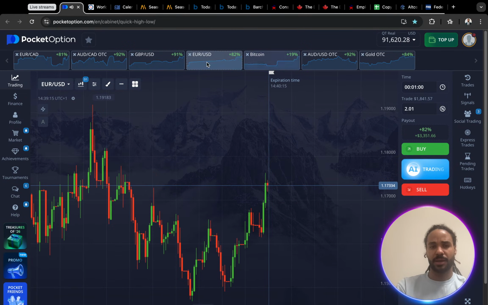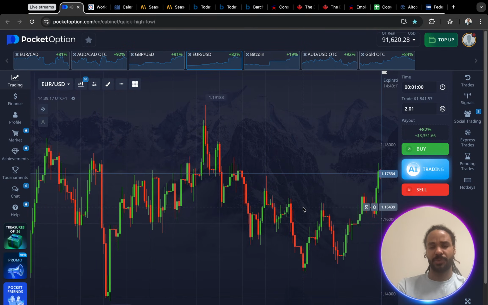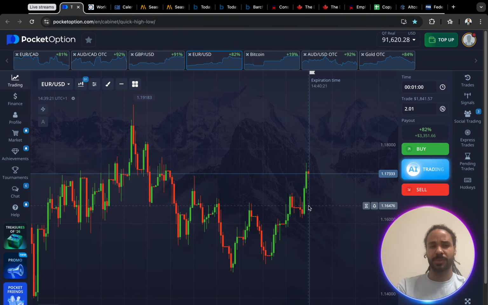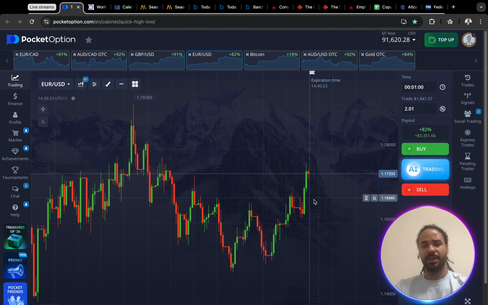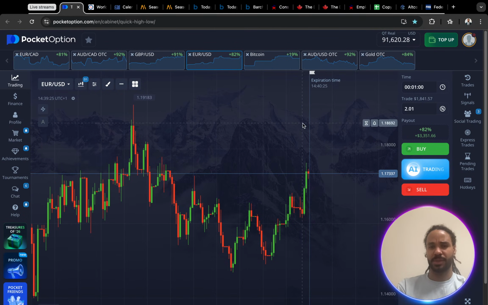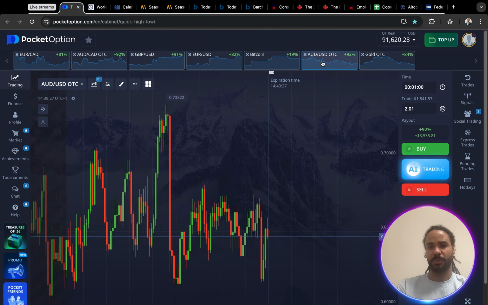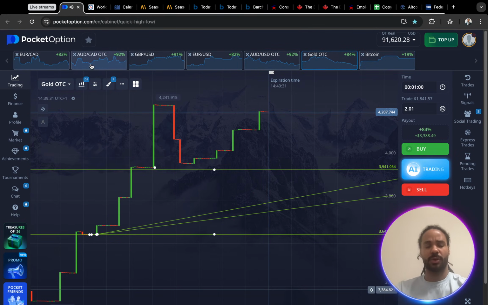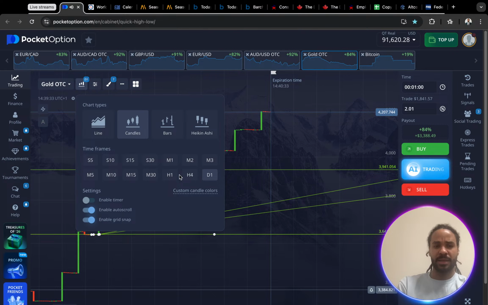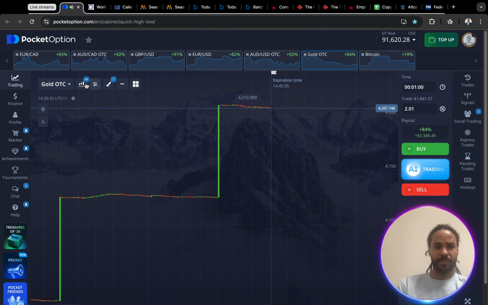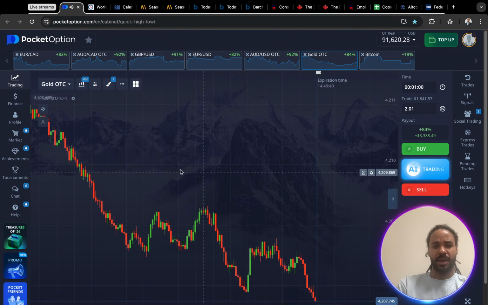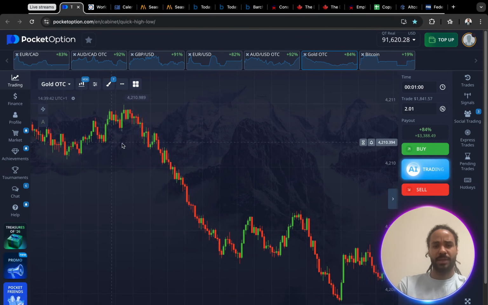If you're looking at EUR/USD, we have a choppy market, but on the daily we have that push. So this week was a slight push. We were pushing up. Gold as usual also had a very nice chart with some volatility, and this was going all the way down.